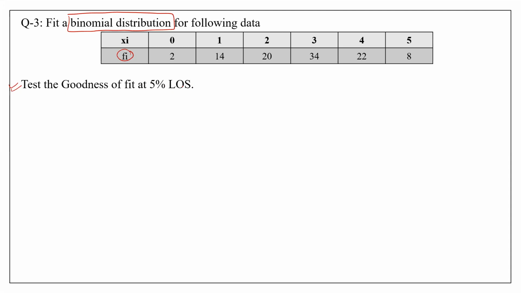So to test the goodness of fit, what will your null hypothesis be? The fit is good. Or in other words, we can say the data they have taken belongs to binomial distribution.